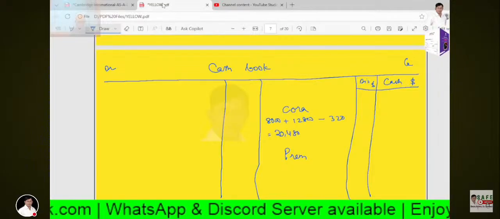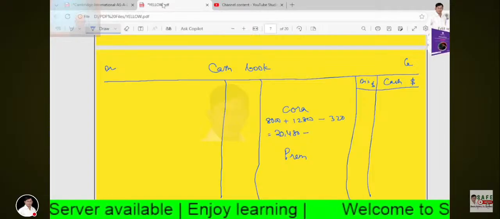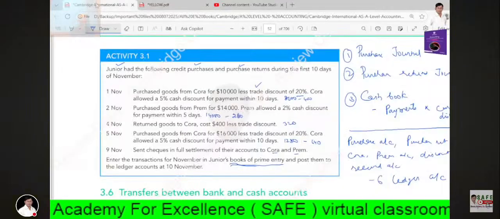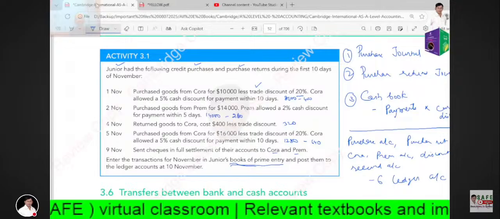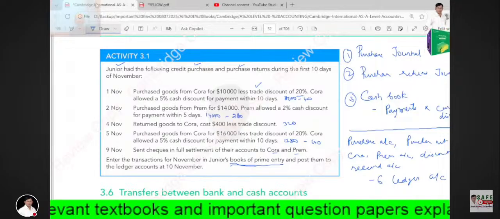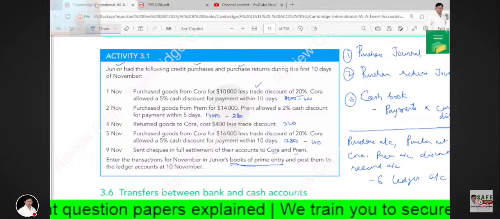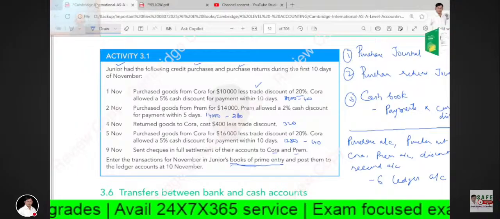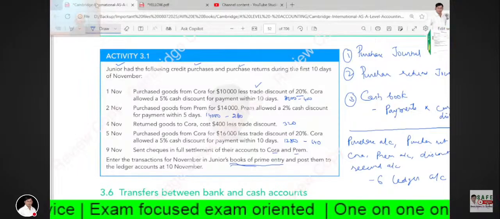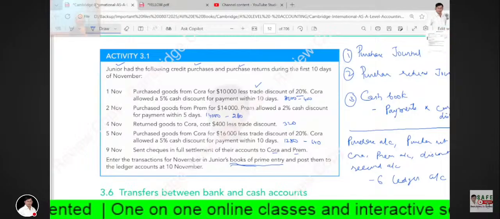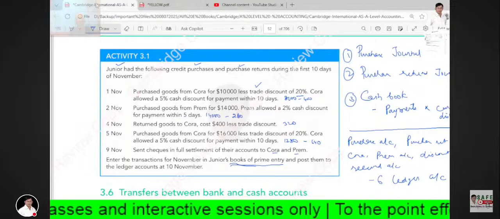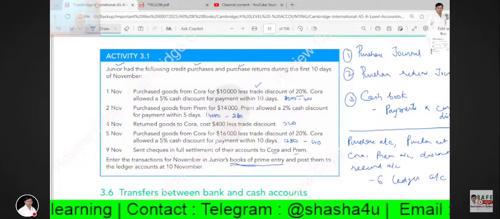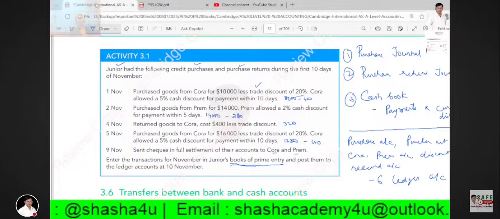But what is the discount? Discount 400. But you have returned goods worth 320. So what is the discount you will receive in this case?